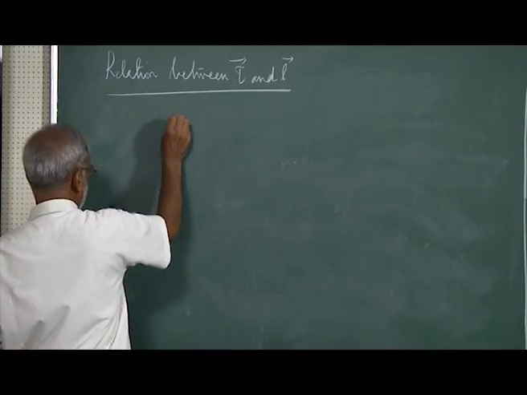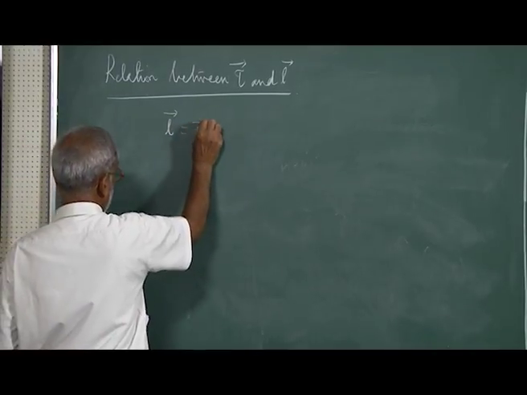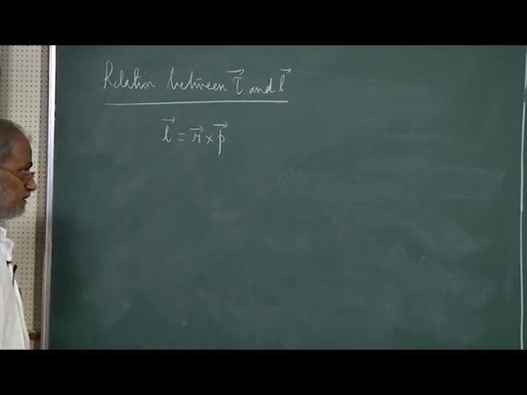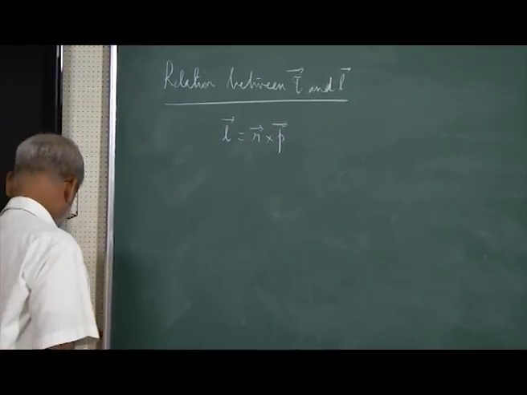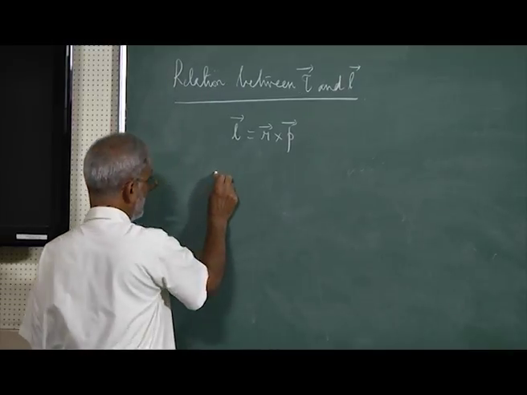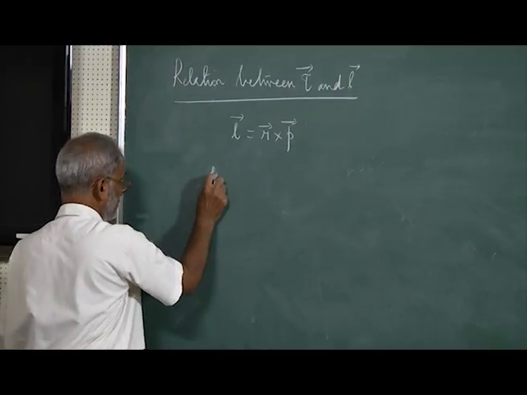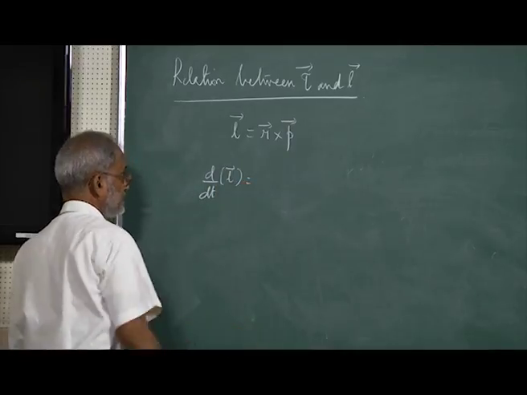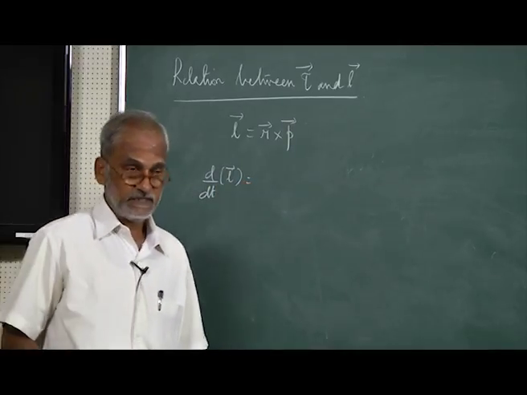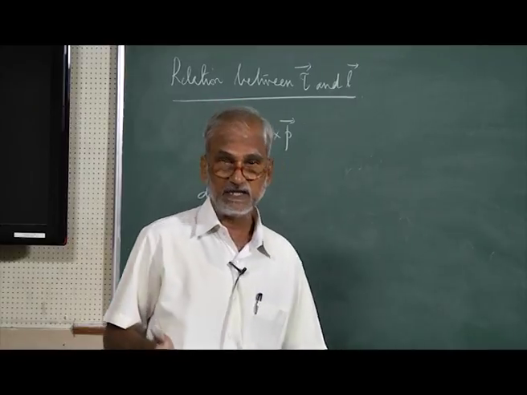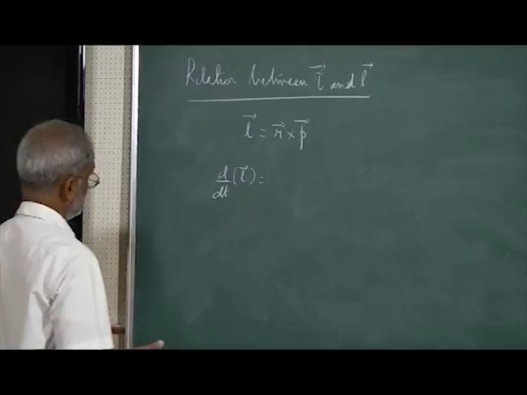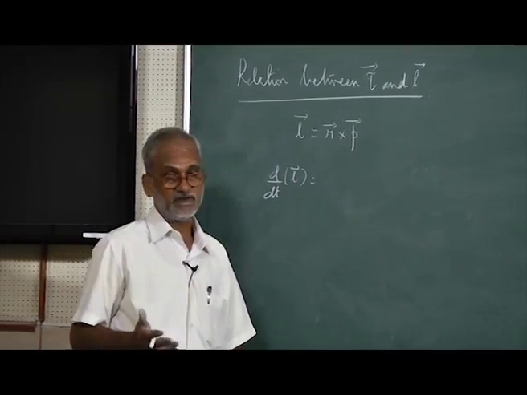So we start with L is equal to r cross p, this is the definition of orbital angular momentum. Let us differentiate with respect to time. How is it justified, sir? In general, neither the position of the particle is going to be constant, it will vary, nor the momentum of the particle.